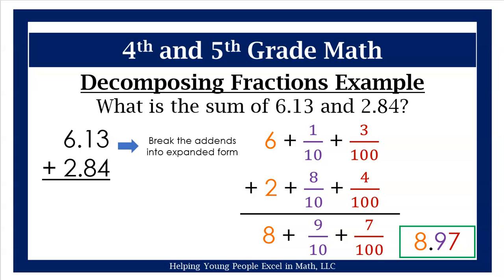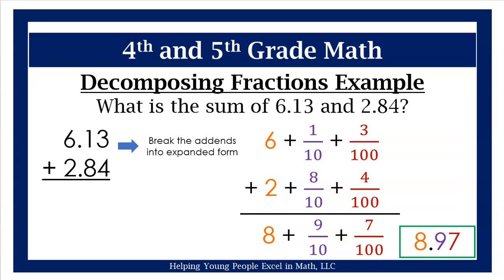Starting in our hundredths place to add, we have 3/100 plus 4/100. Since our denominators are the same, all we need to do is add our numerators together. 3 plus 4 is equal to 7. So our answer for the hundredths place is 7 over 100.